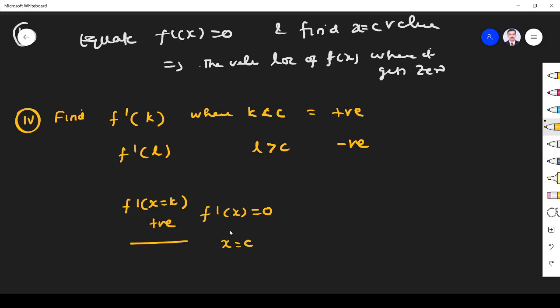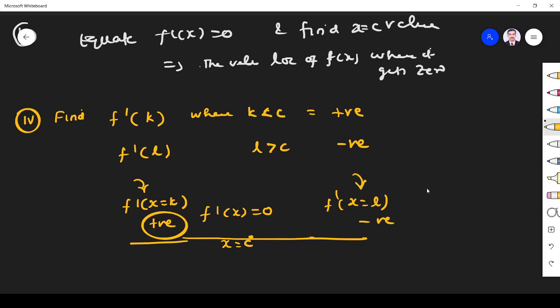L is greater than c, so I take some other value L and substitute it in f dash of x. If it is greater, it is having negative value. So before that the slope is positive, after that the slope is negative. Just now we know this is a 0 point.